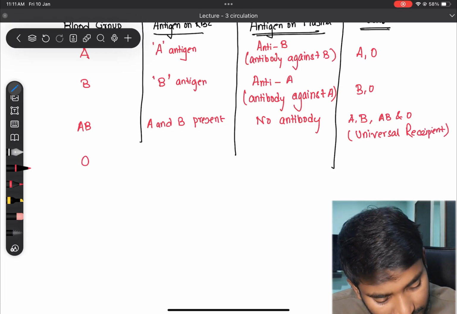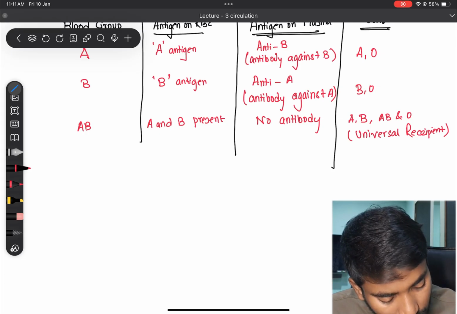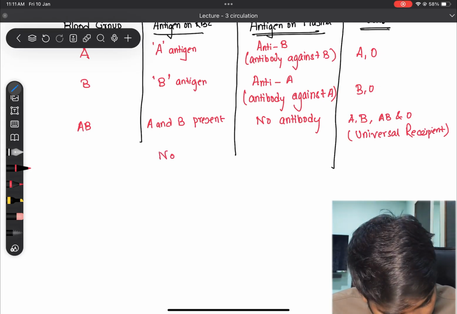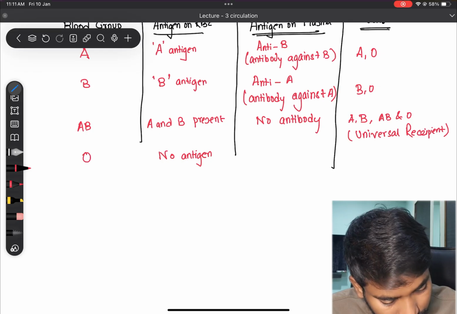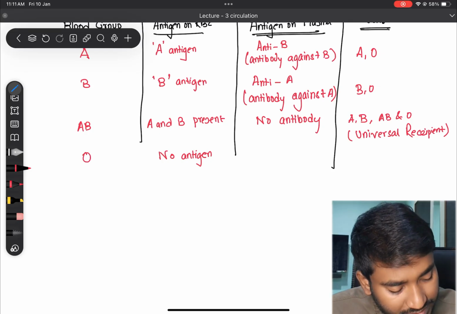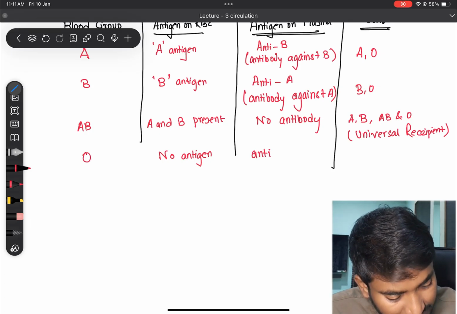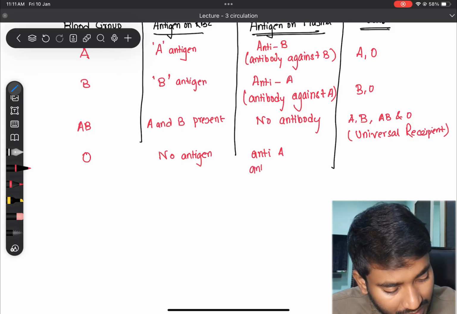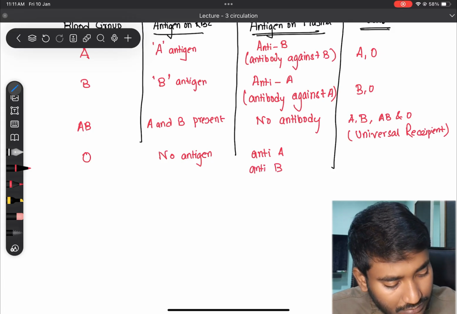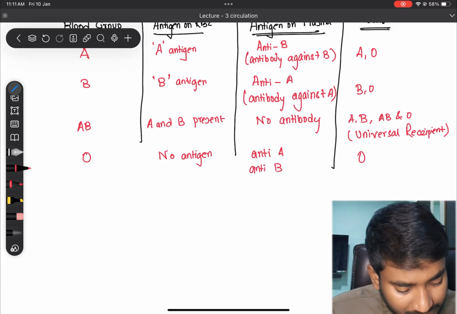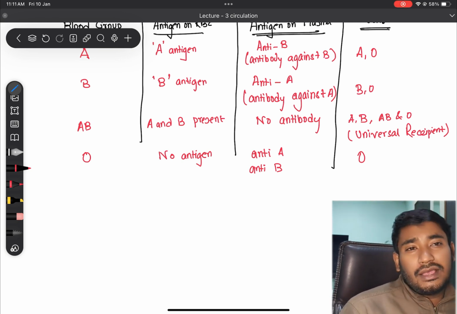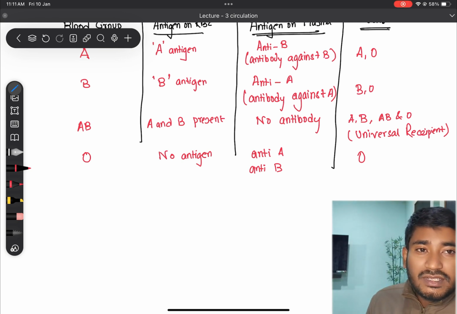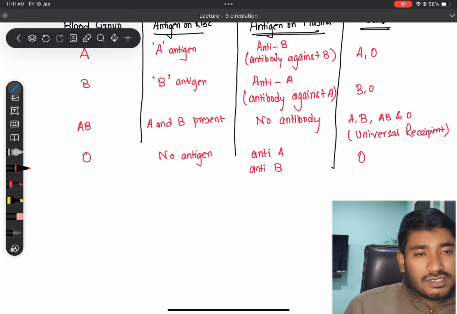Now come to the next blood group, O. O has no antigen. Antibody is anti-A and anti-B. Only O can give the blood. So what do you think, is O positive a universal donor or O negative a universal donor?